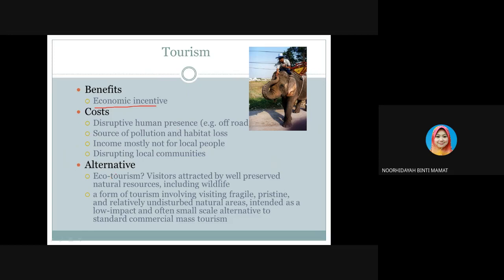And we have an alternative. Other alternatives are ecotourism, where visitors are attracted by well preserved natural resources, including the wildlife. It is a form of tourism involving visiting fragile, pristine, and relatively undisturbed natural areas.